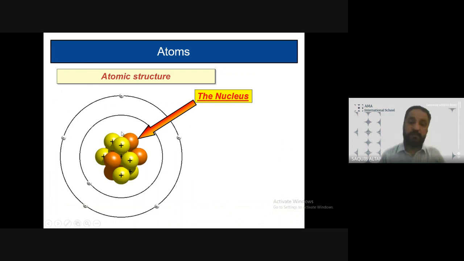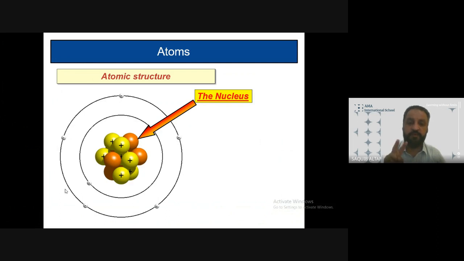So the atom consists of the nucleus, and these are the shells, orbits around the nucleus. And you can see in the orbits small electrons are there. These negative charges are electrons. So it means the atom consists of three particles: protons, neutrons, and electrons.